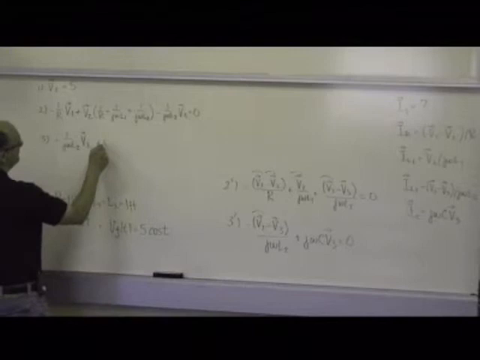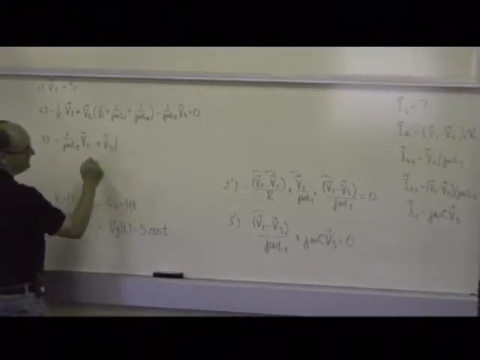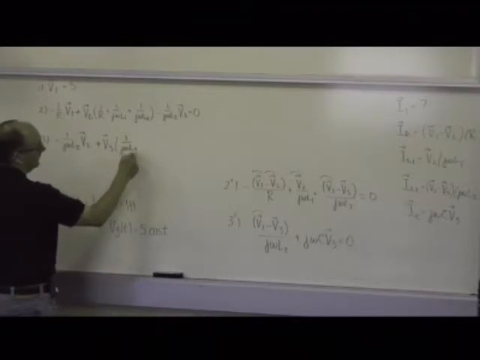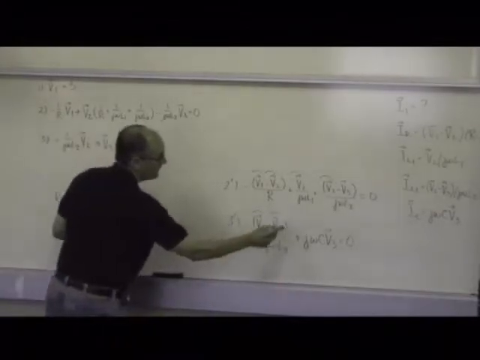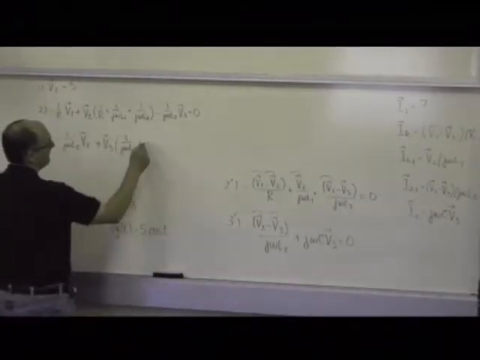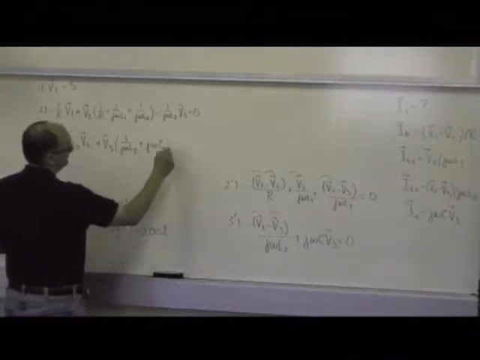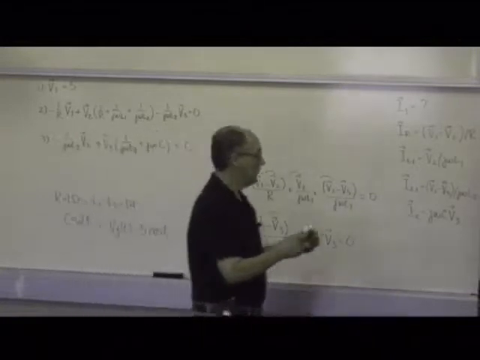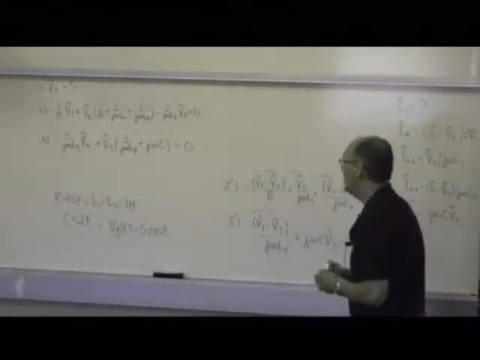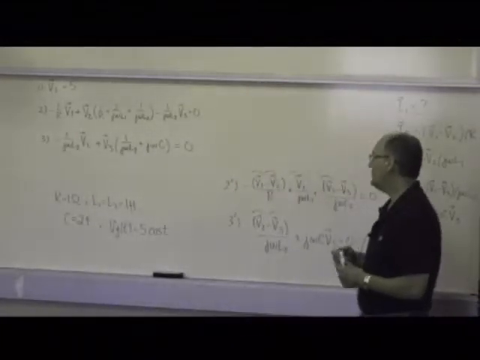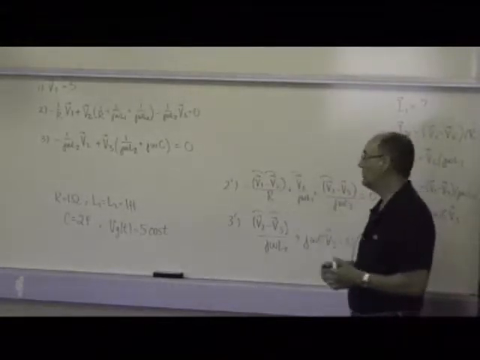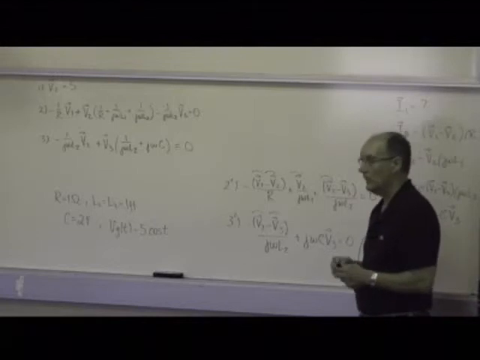And then next to V3, we've got j omega L2 plus j omega C. So those are my 3 equations, which are almost ready for processing. All I have to do is plug in the values, and then I'll be able to put them into matrix form. It will be fine.